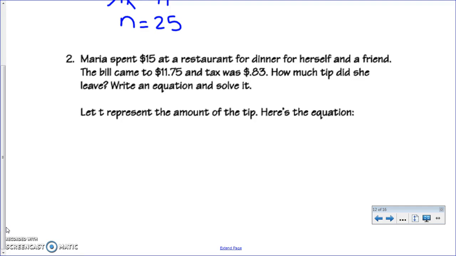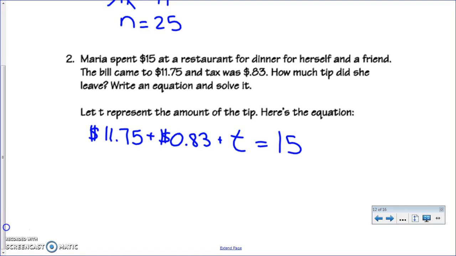So first thing we're going to do is write the equation. So $11.75 + $0.83 + t = $15. So the first thing we need to do is combine $11.75 and 83 cents.